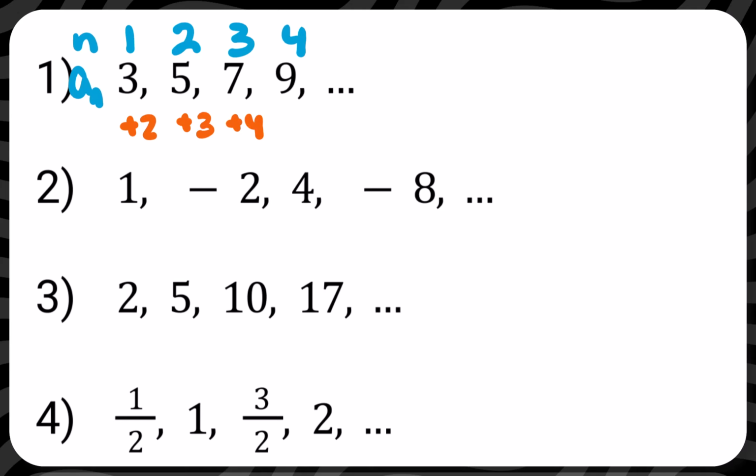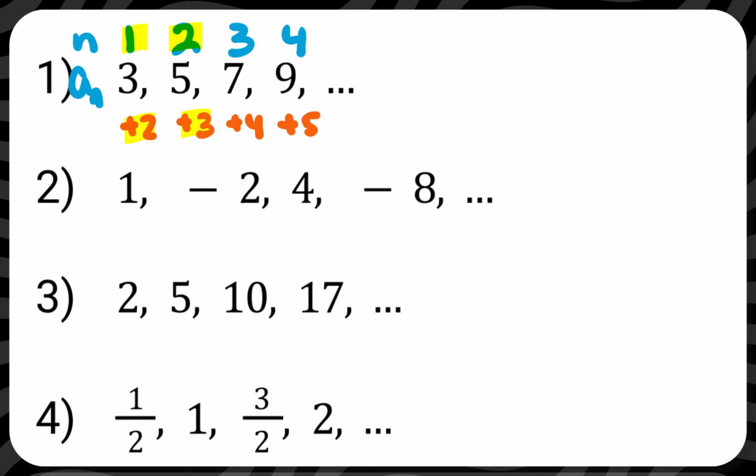So I've got a pattern here. So what can I do with that pattern to help me write a generic pattern for 3, 5, 7, and 9? Oh, you know what? I see a pattern between that number and this one. That's 1 bigger than n, isn't it?